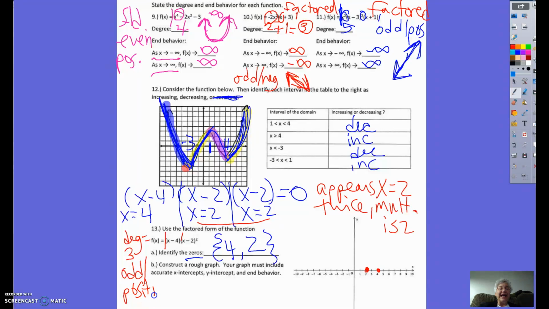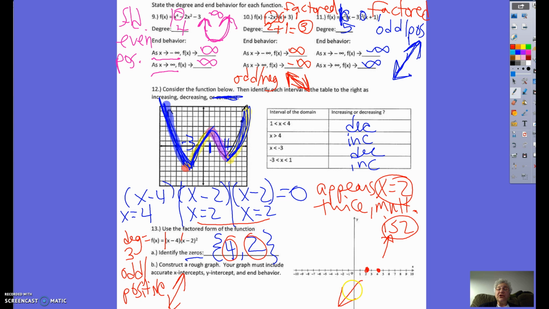So I'm going to compare the end behavior to a line with a positive slope. That means over here, my function is going to be going up, and down here, my function is going to be going down. These x-intercepts and the multiplicity of 2 that occurs at x equals 2 tell me what my graph looks like.